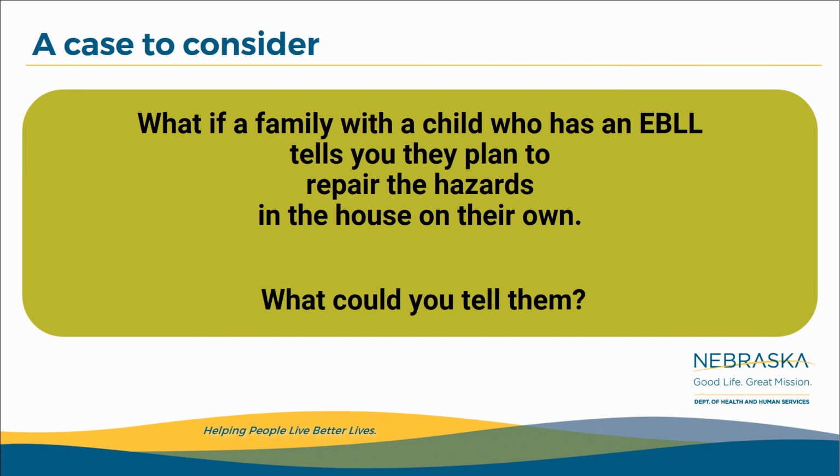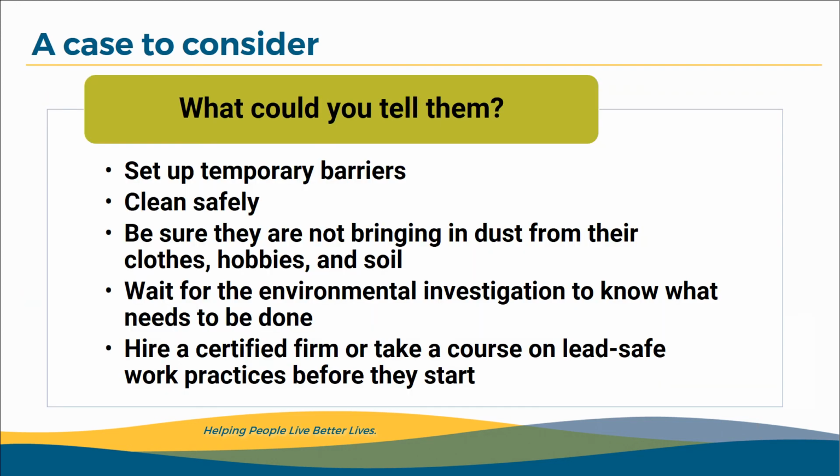Sometimes the family hears that their child has an EBLL and wants to be proactive. What would you tell them if they tell you they want to repair the hazards on their own? There may be many messages you could give them, including those on temporary barriers, cleaning, and not unknowingly bringing lead into the home.